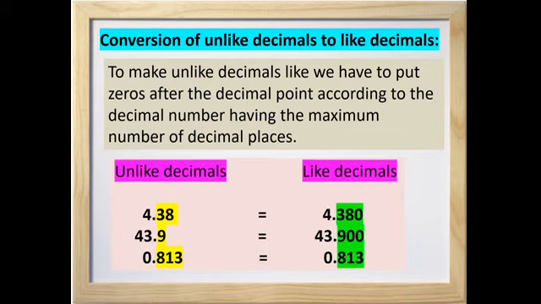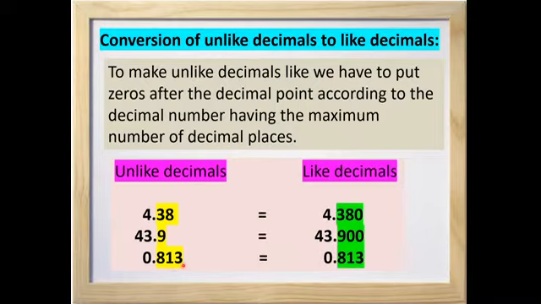Here we are having 3 decimal numbers, that is 4.38, 43.9, 0.813. All these 3 numbers are unlike decimals since the number of decimal places are different. In 4.38 there are only 2 decimal places. In 43.9 there is only 1 decimal place, and in 0.813 there are 3 decimal places.